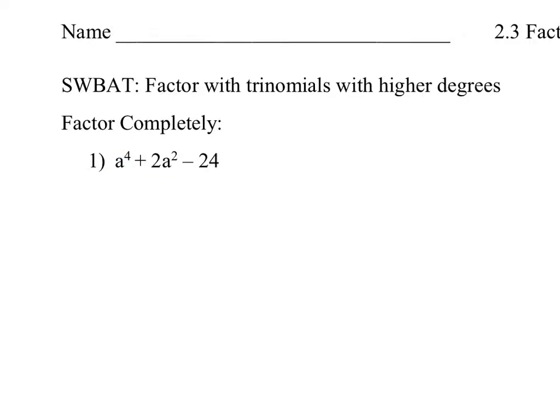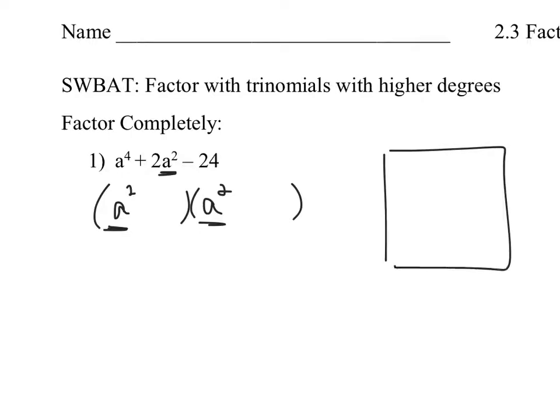But what's nice about this process is that the a squared is the one you have to use in the beginning. So a squared has to go here and here, because when we do the check, if we don't have an a squared here and an a squared here, it won't work. Let's just do this one.